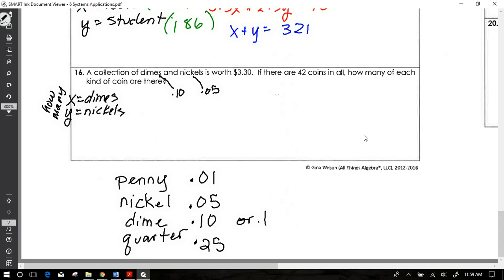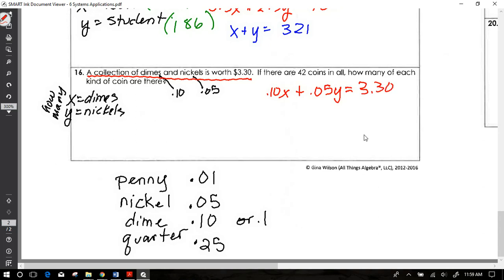Of each kind. So now we are ready to do our translating. So a collection of dimes and nickels is worth $3.30. So we're talking about their value. So dimes and nickels, and their value is $3.30.